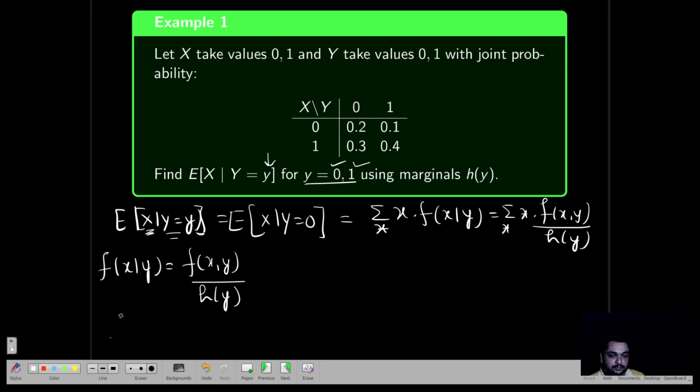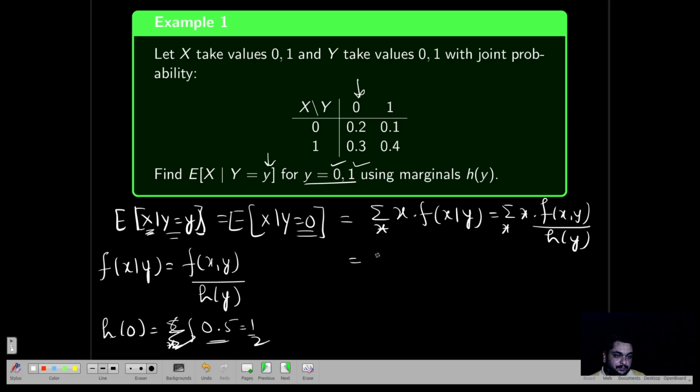Now we find out h of y. So they are asking y equal to 0. So h of 0 is equal to summation over x of the f values. So how will you find the marginal distribution? I will directly write here. So h of 0 means this, fix these values. So add these 2. So 0.5. So we got 0.5. You can write it as 1 by 2.